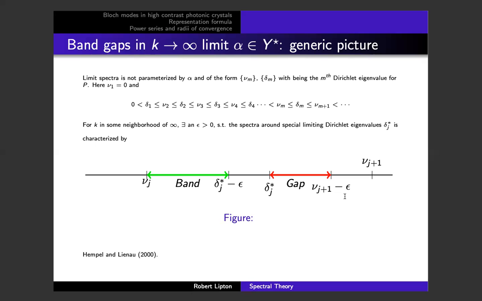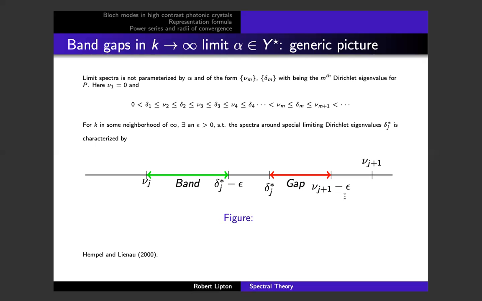That's the nature of the results I'm going to show you. We're going to have quantitative estimates, so we're going to replace epsilon with K, or with functions of the contrast that depend on the geometry of the scatterers and various spectra associated with those scatterers. So that's the goal.